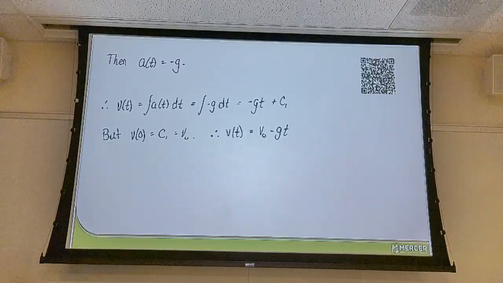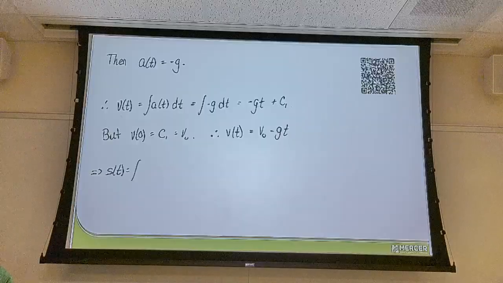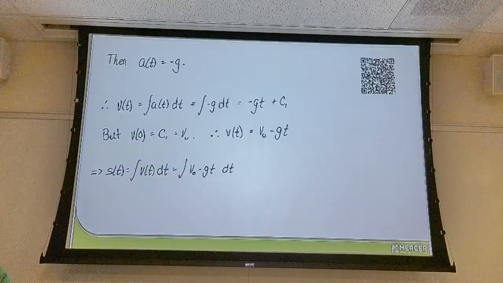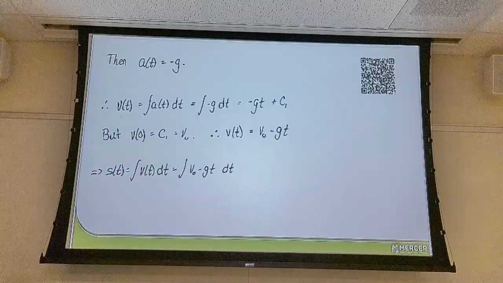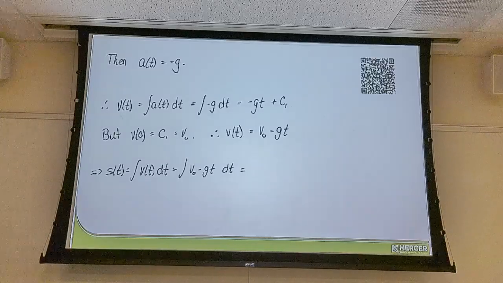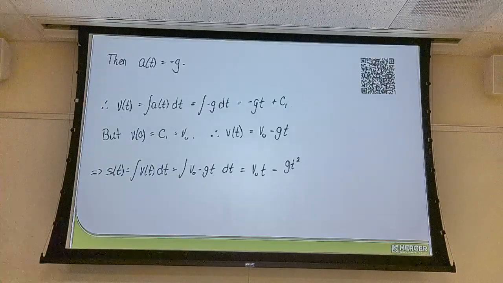But velocity is itself a rate of change of what? Position. What is that antiderivative? v naught t minus gt squared over 2 plus c2.